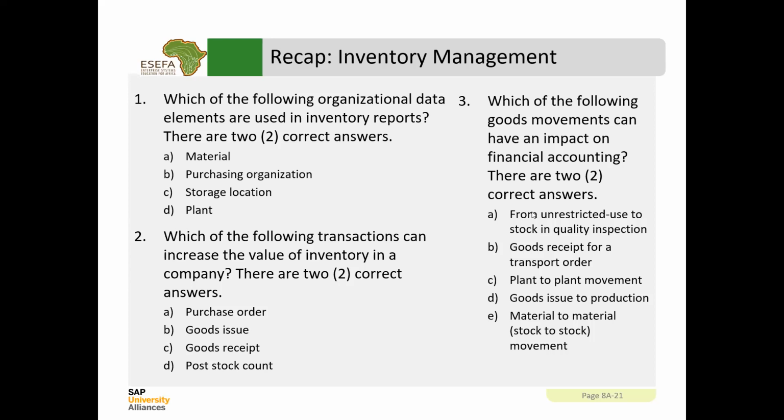Just give it a try. Number 1, material. Number 2, purchase organization. Number 3, storage location. And the last one, plant. So which of these 2 can be regarded as organizational data elements used in inventory reports?